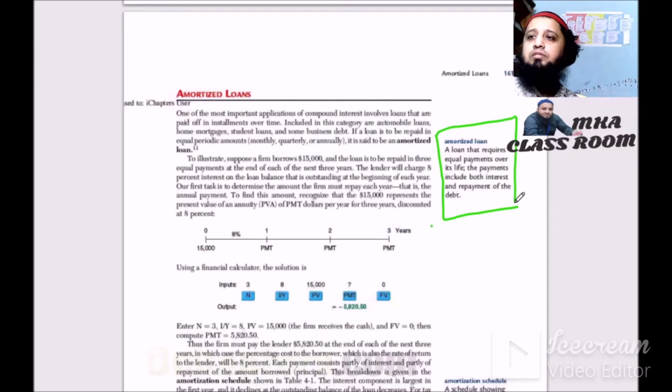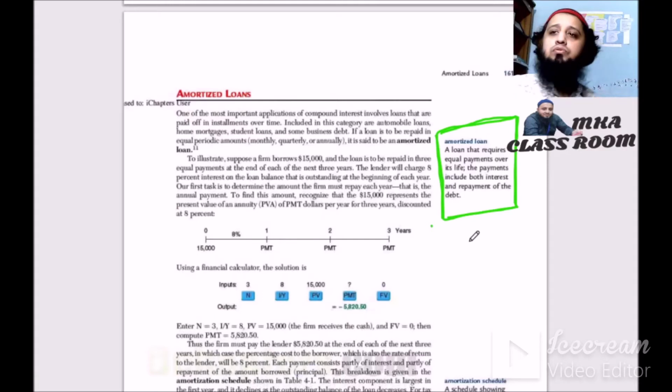That should be our amortization loan. So that is very common loans.